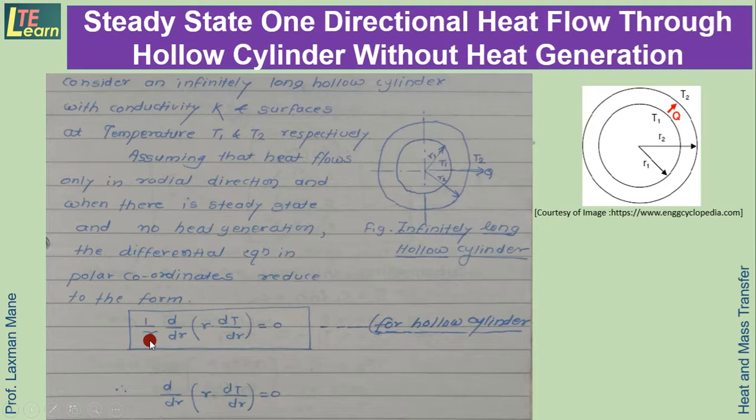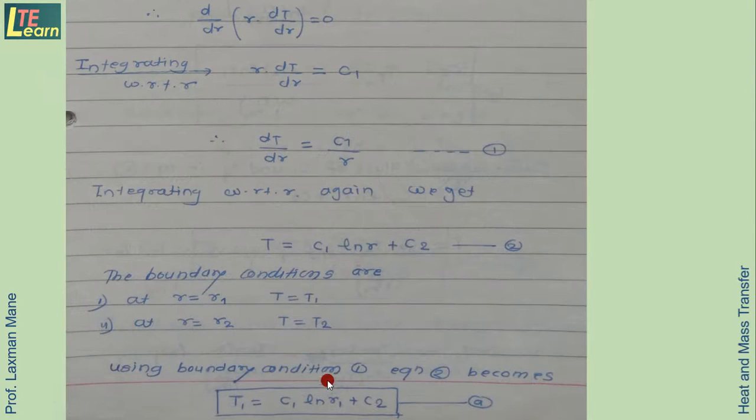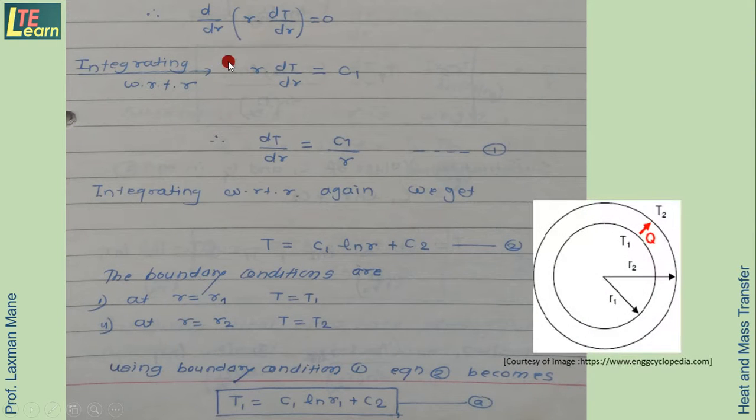So this 1 upon R will become 0, so d by dr of the bracket is equal to 0. Now integrating this equation in order to get the values of C1 and C2, the right side 0 becomes a C1 integration constant.